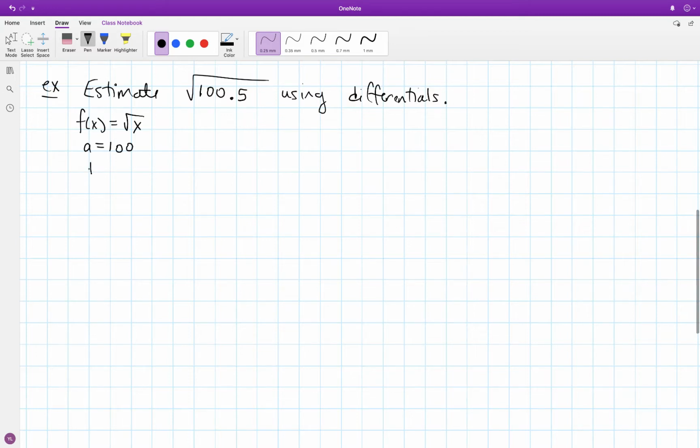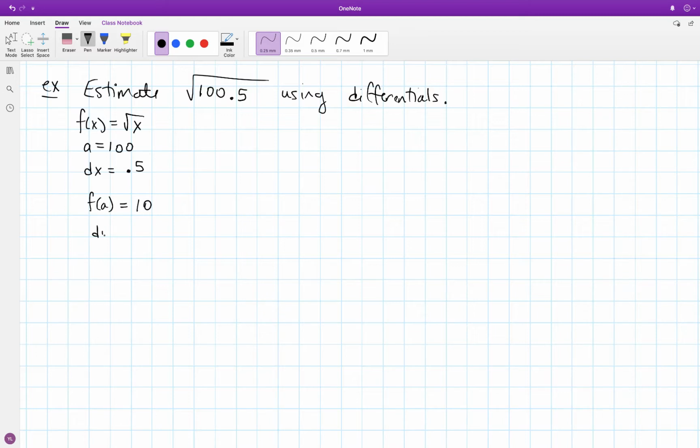So the change in the independent variable is 1/2, of course, and I already know that f of a, which is 10, is where my dependent variable starts.